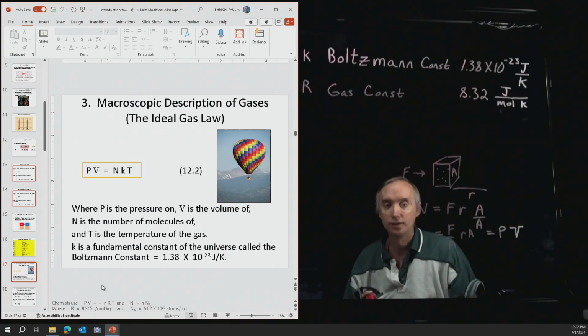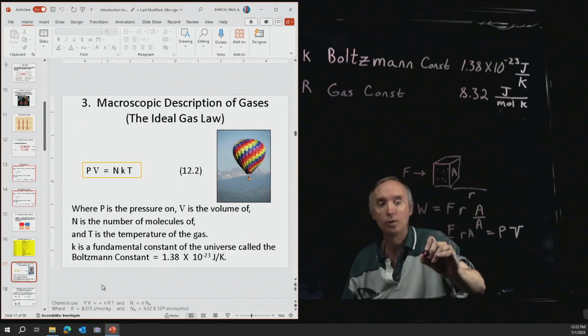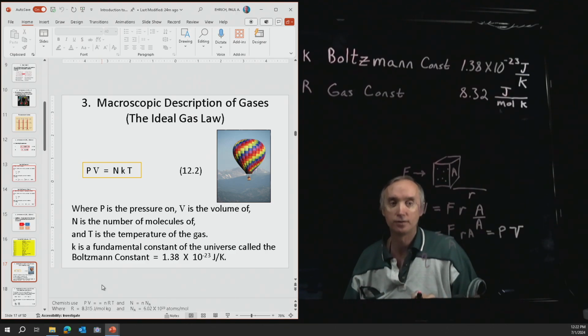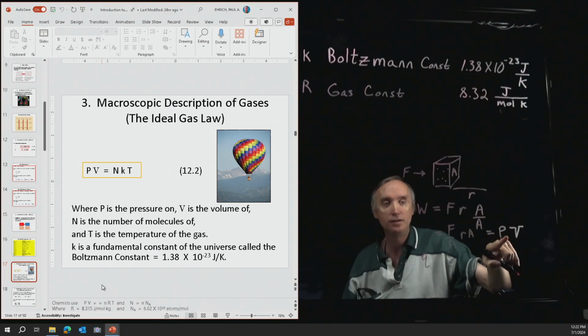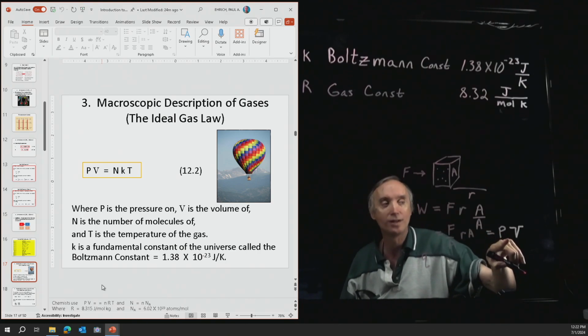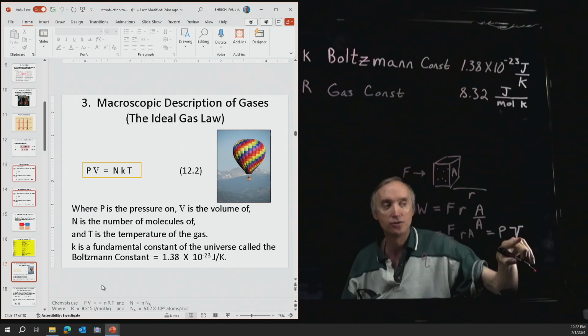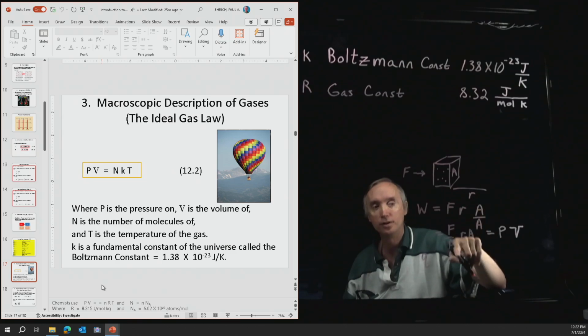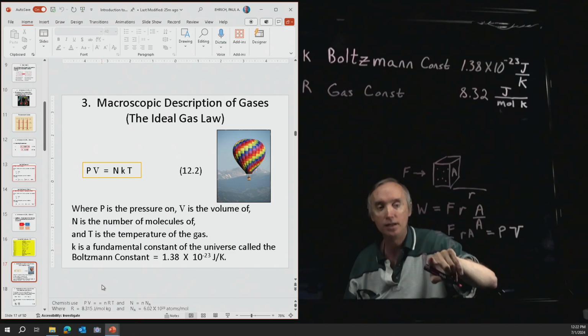That was heat. So instead of doing work on it, we're going to apply heat to it. It's still going to be PV on one side. The energy is causing the pressure and the volume to change, but the energy that we put into it is going to be heat.